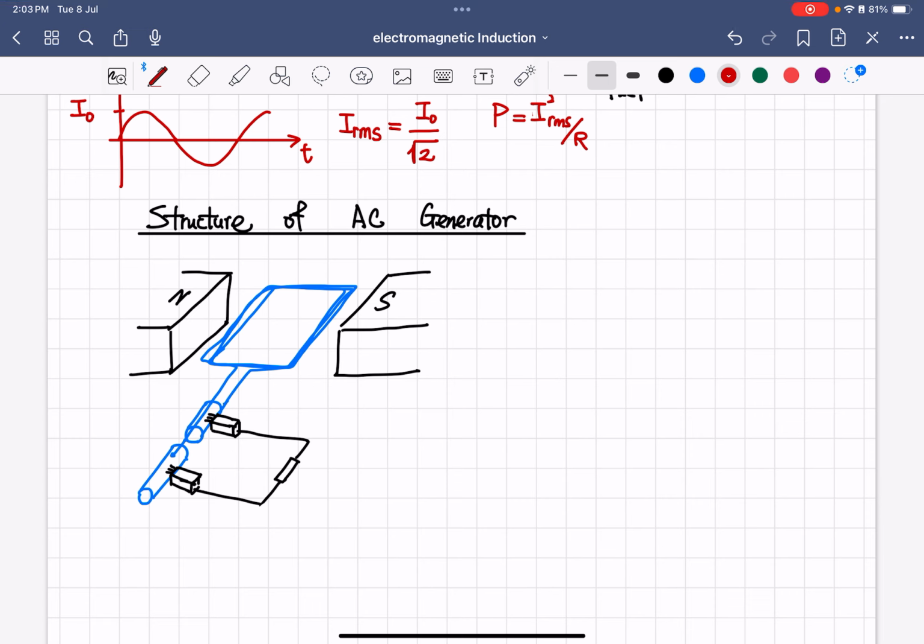So here we have the slip rings. Sometimes we call it the full ring because it's like a full circle. And then there is a carbon brush.